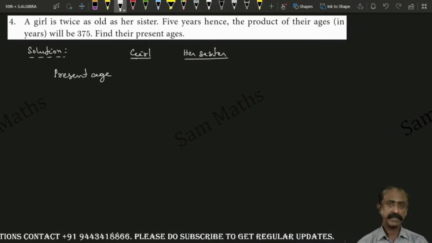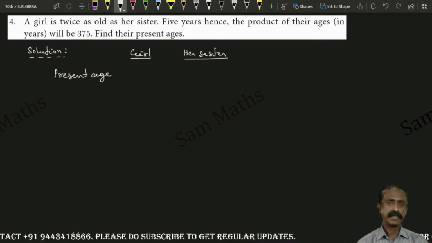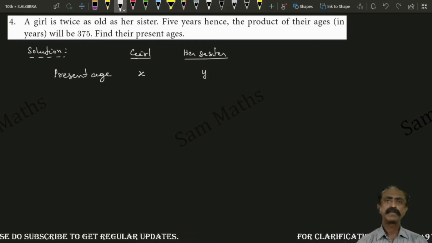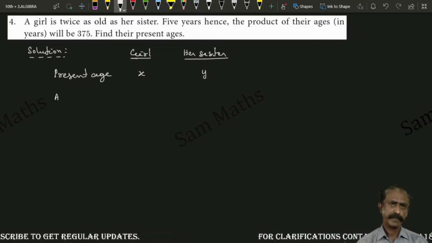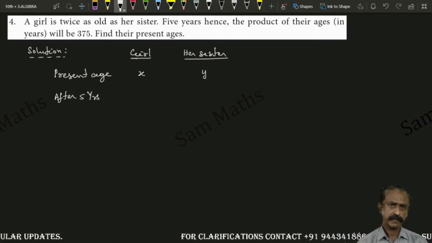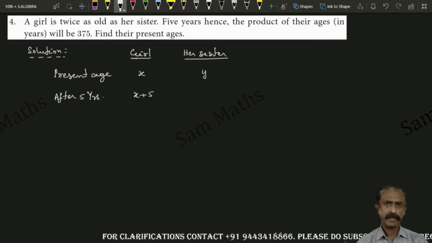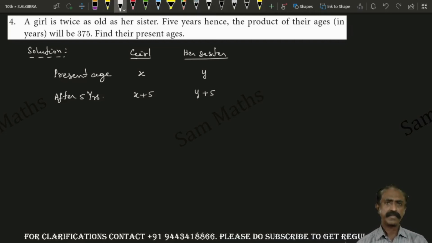Present age, I am assuming the girl's age is x and her sister's age is y. After 5 years, it becomes x plus 5 and this will be y plus 5. So what's given?